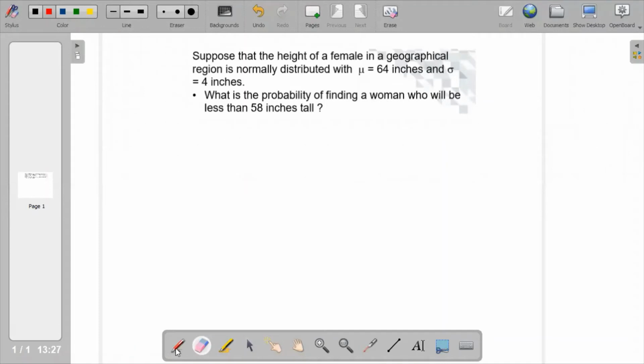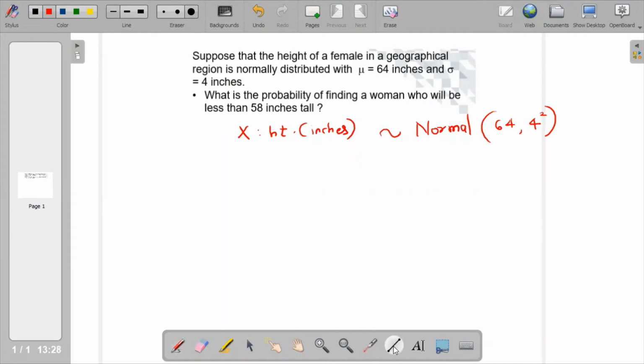As we see, this is our problem. Well, x over here basically is height in inches. It follows normal distribution with 64 as mu and sigma square as 4 square. Usually we denote it in this way only.